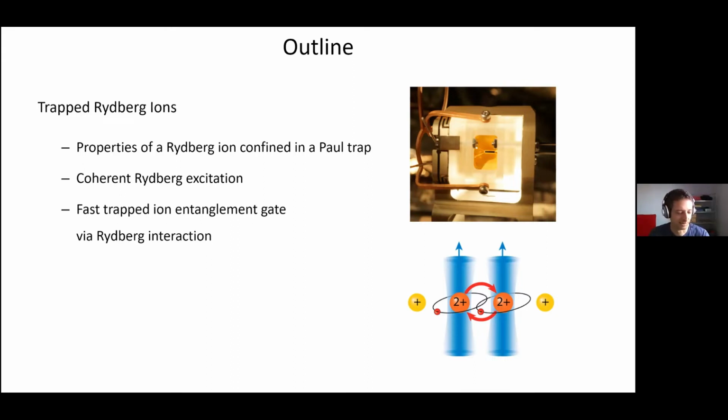I will start with the properties of such Rydberg ions that are confined in a Paul trap. I will then talk about some quantum operations via the Rydberg excitation. One part is the coherent Rydberg excitation to high-lying Rydberg states, and the second part will be on a trapped ion entanglement gate via Rydberg interaction.